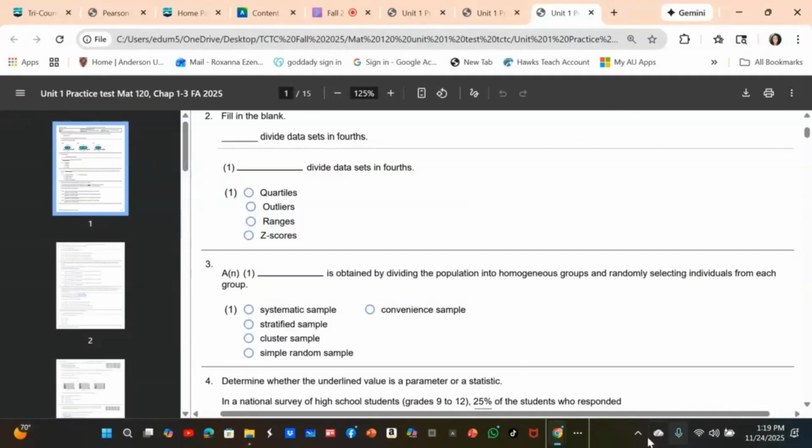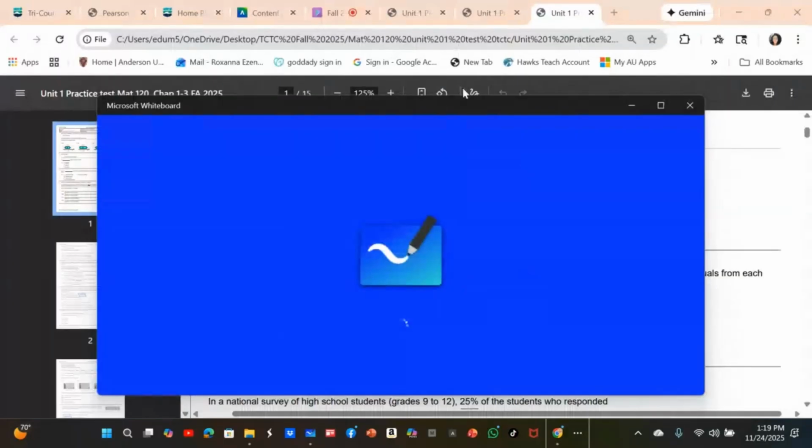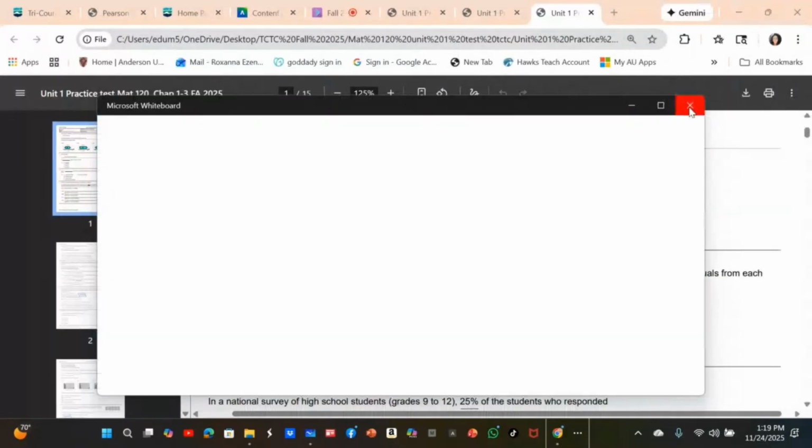Well, let's find out. We already just did the interquartile range, and we used the box plot to do that.